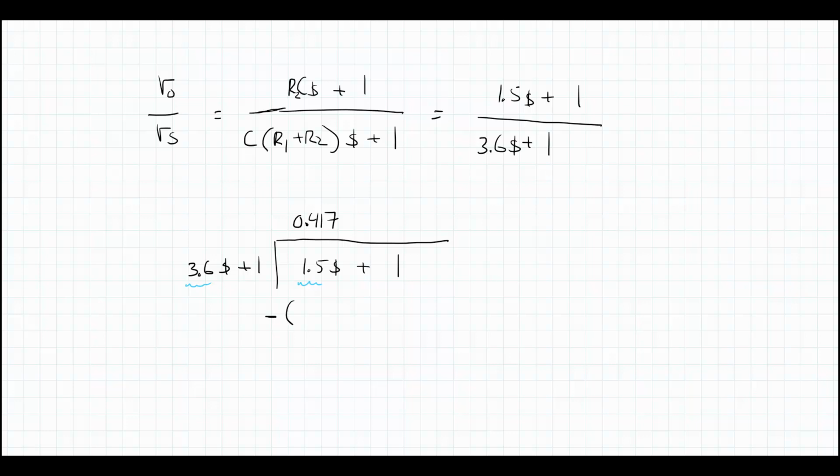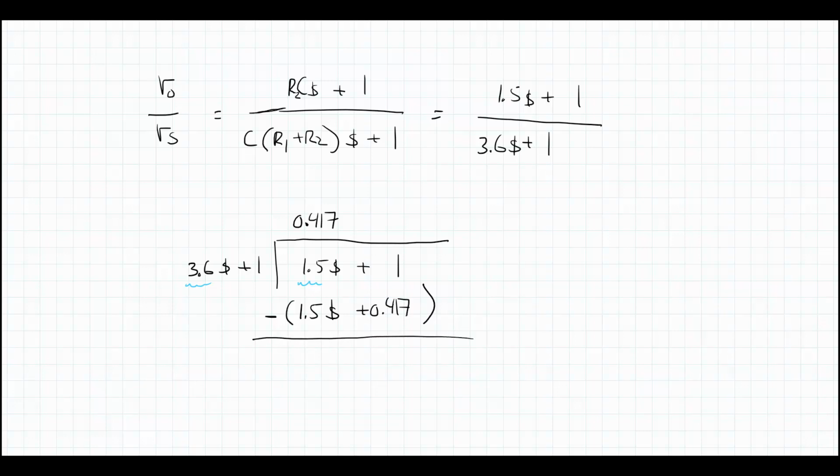And what I want to do is subtract then this 0.417 times my divisor. So 0.417 times 3.6s is 1.5s, and that's what we wanted. And then 0.417 times 1 is going to be 0.417.